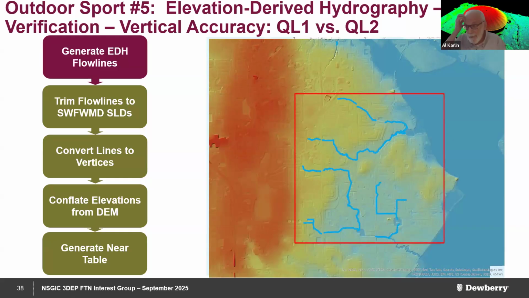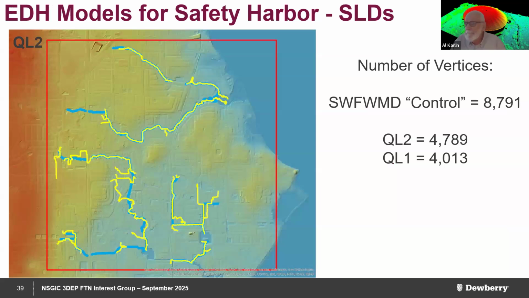And here are these compiled lines. Now you can see obviously some of these lines are double line drains, so I restricted my analysis just to these single line drains out here in the western portion of this particular watershed.